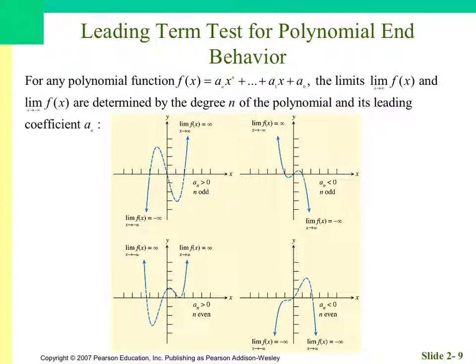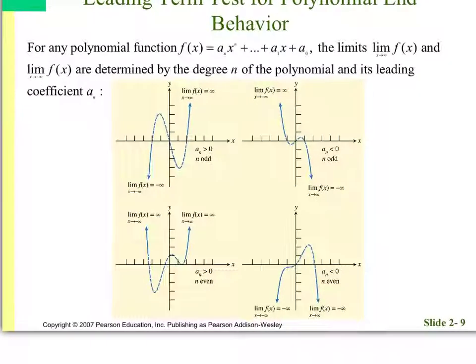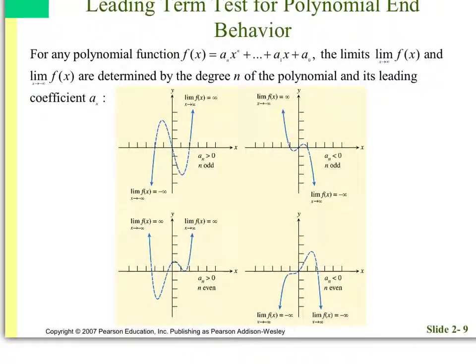Limits as x approaches positive or negative infinity. Okay? This is something you're going to need to look at and study. So if we look at this, notice something. For odd degrees, they're always opposites.